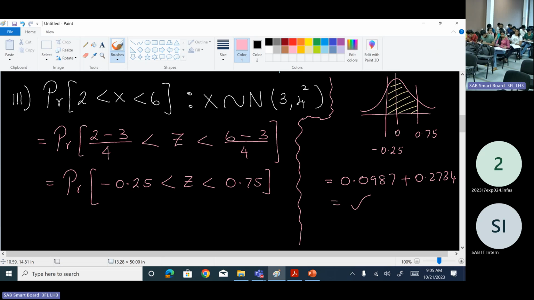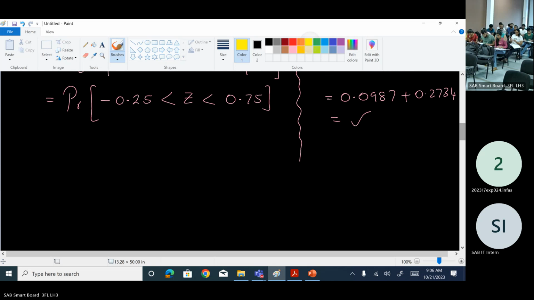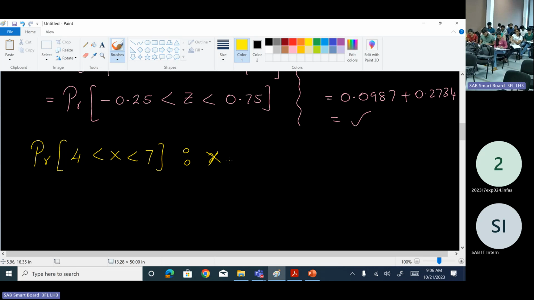Next one, 4, 7, 1. Probability 4 less than x less than 7, with x values normal with 1 and 4.